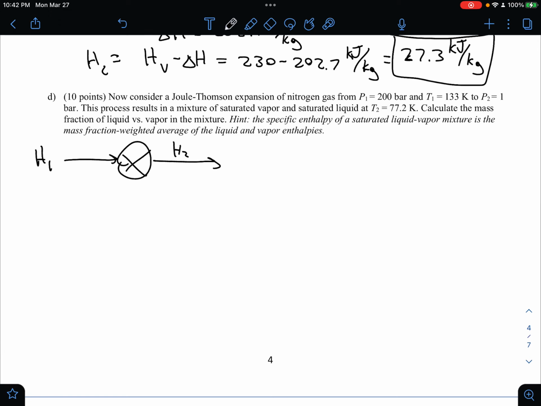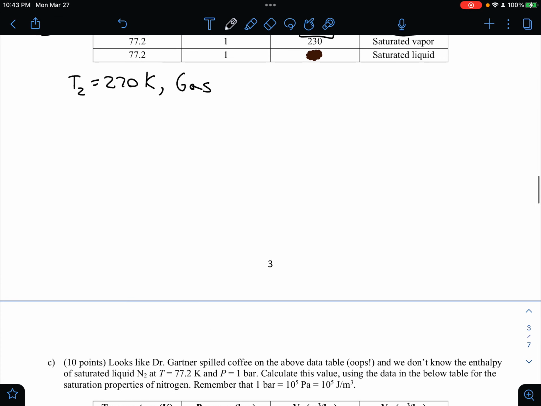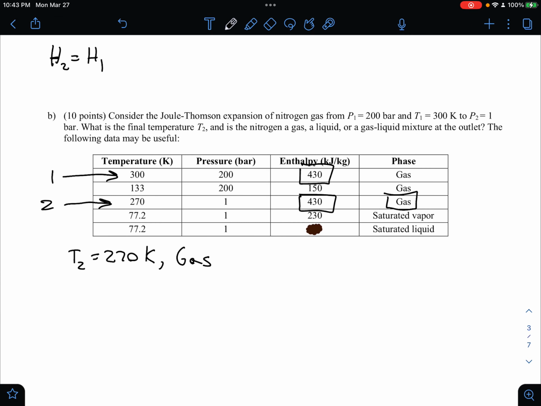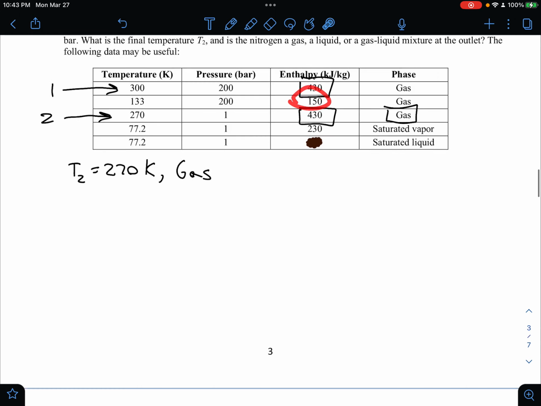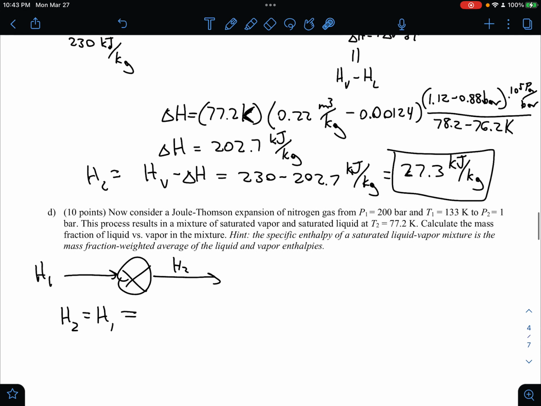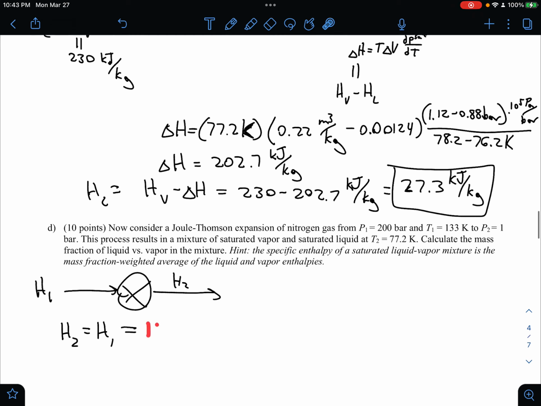And this is H2, but we know that we have this property, H2 equals H1, which from the table is going to equal 150 kilojoules per kilogram.